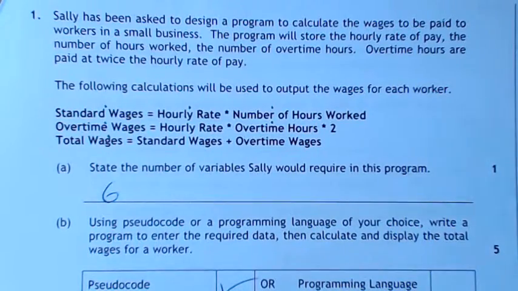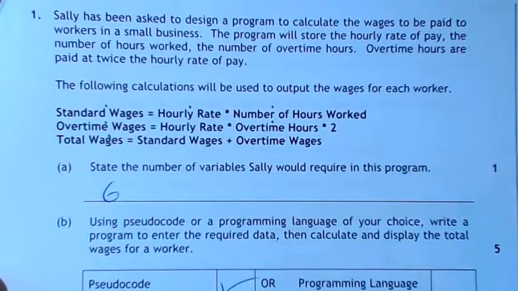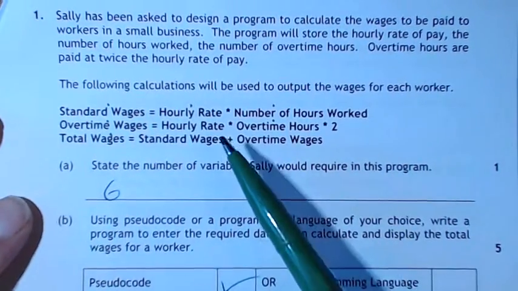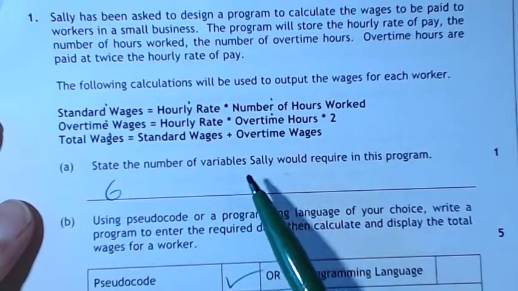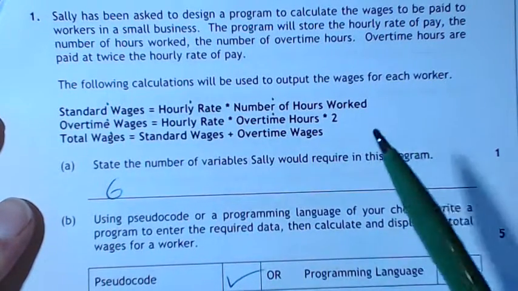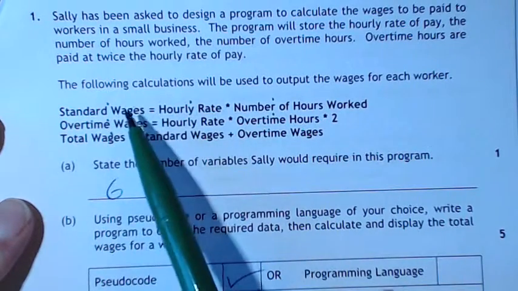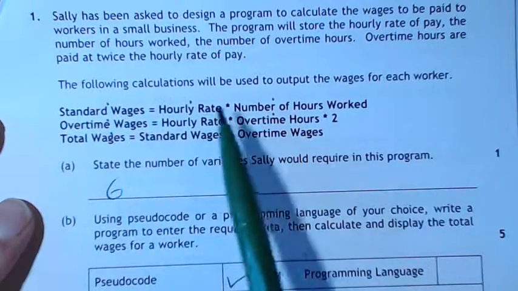When it then comes down to actually creating your pseudocode or programming language, you want to make sure you're looking at what values you actually have to type into the program in order for it to calculate. Now, anything to the left of this equal sign is the result of a calculation.